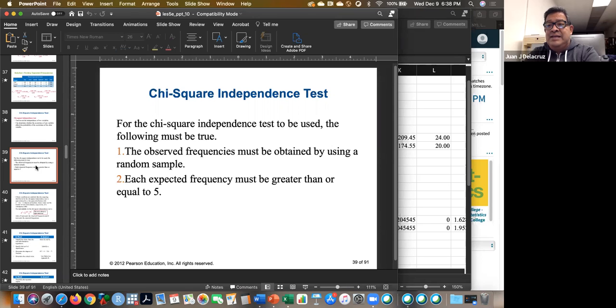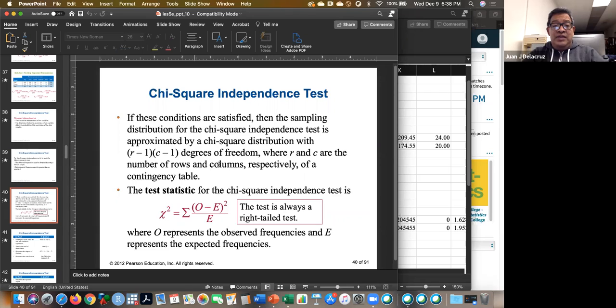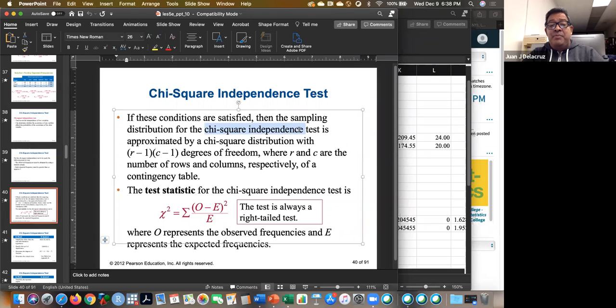If one cell is less than 5, we cannot use the chi-square independence test, okay? If these conditions are satisfied, then the sampling distribution for the chi-square independence test is approximated by a chi-square distribution with R minus 1, C minus 1.